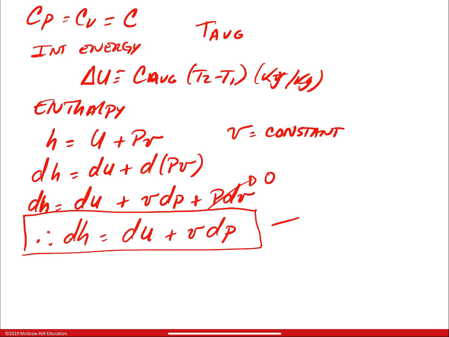But now I have two cases, for solids and liquids.